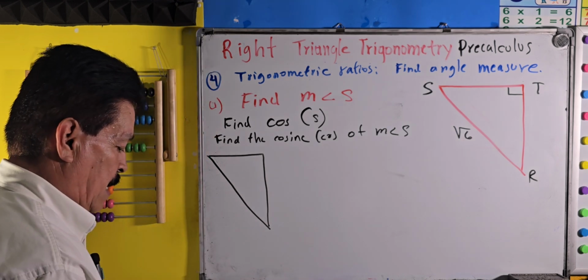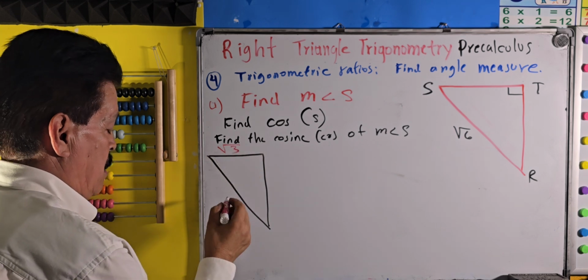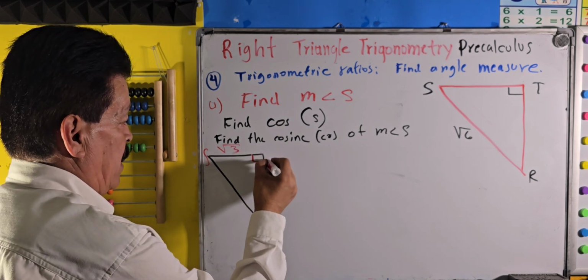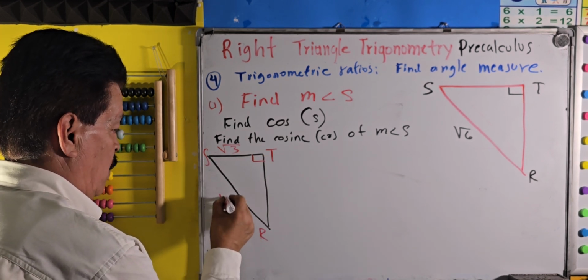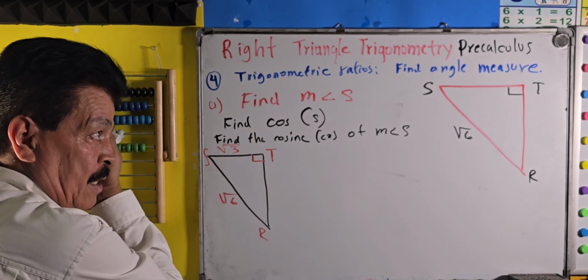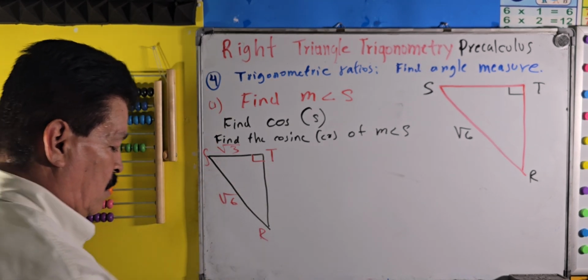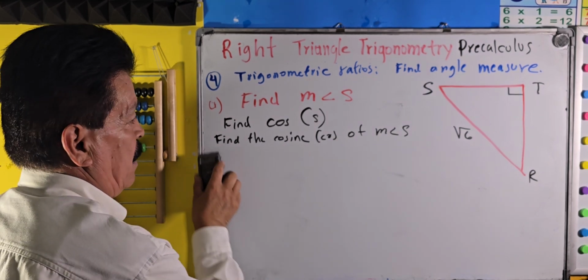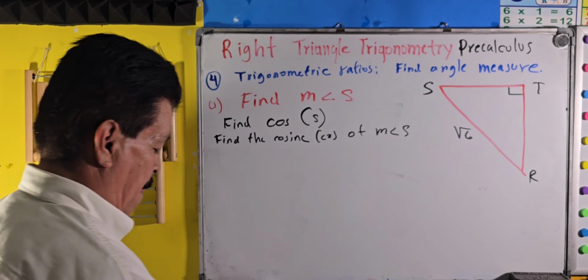Let's give you the values here. So this is square root of 3. So we have S right here, right angle T, and then R, and then square root of 6 right here. It's the same over there. I don't have to make the picture again because I need the space. So that's my triangle. All right.